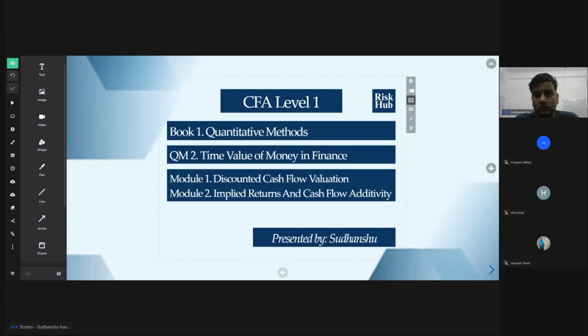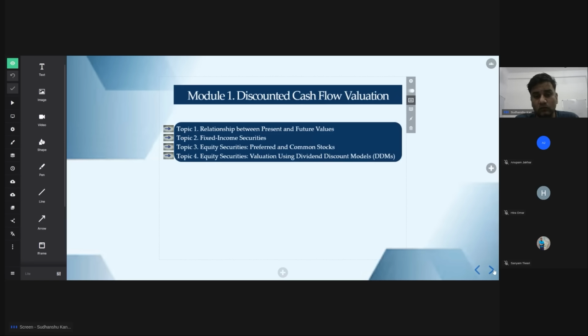The first topic, module 1 which you are covering today, is discounted cash flow valuation. Only four topics here. Discounted cash flow, basically DCF. You might have heard this word used a lot.